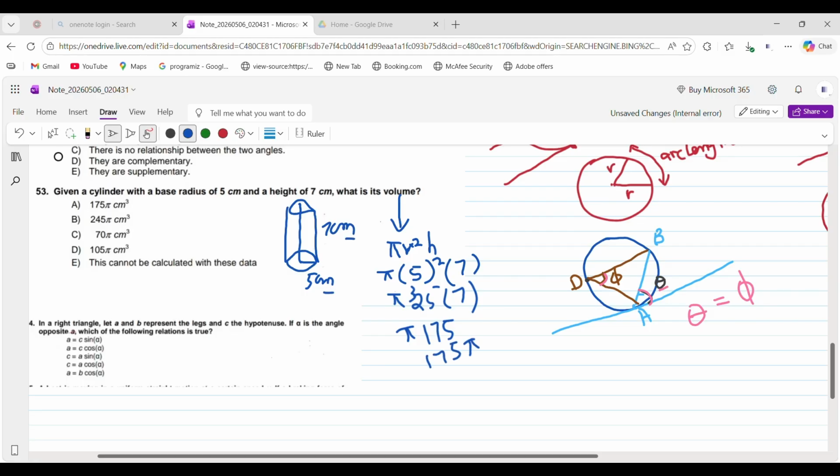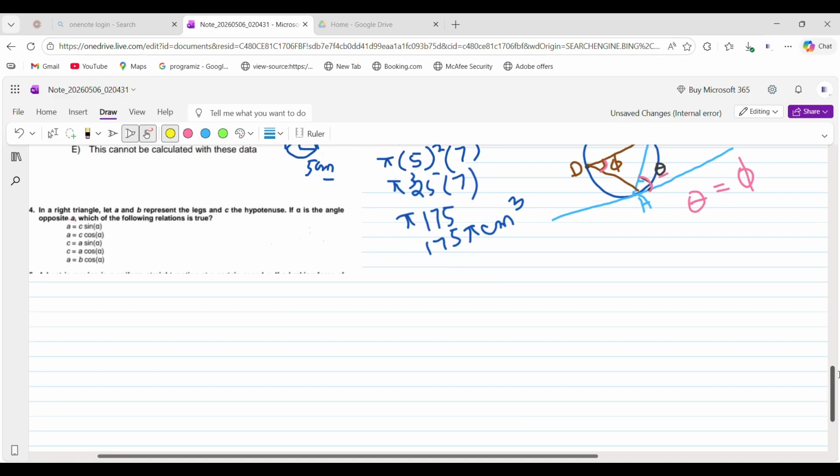So 175 pi, and these both are in centimeters, centimeter, not square, because this is volume, so cube. 175 pi centimeter cube is our answer, which is option number A. This was very simple, right? Pi r square h is the formula for finding the volume of the cylinder. Now we have our very last question for today. Let's solve that now.